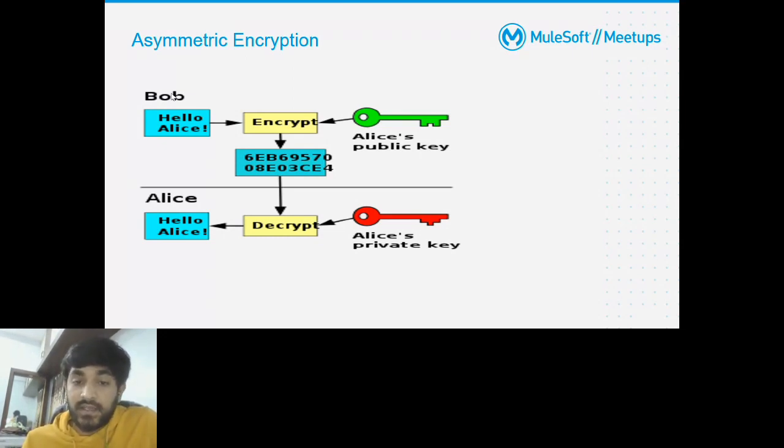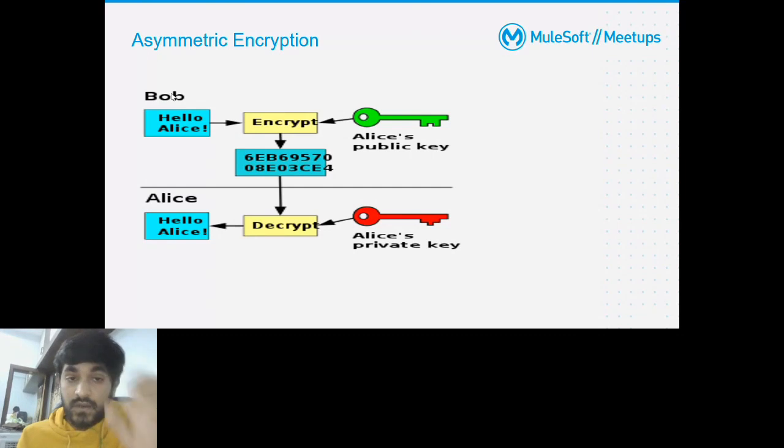Other people cannot decrypt using another private key, because the three are in one set. Only the one who has that combination of private key and public key can decrypt the message.